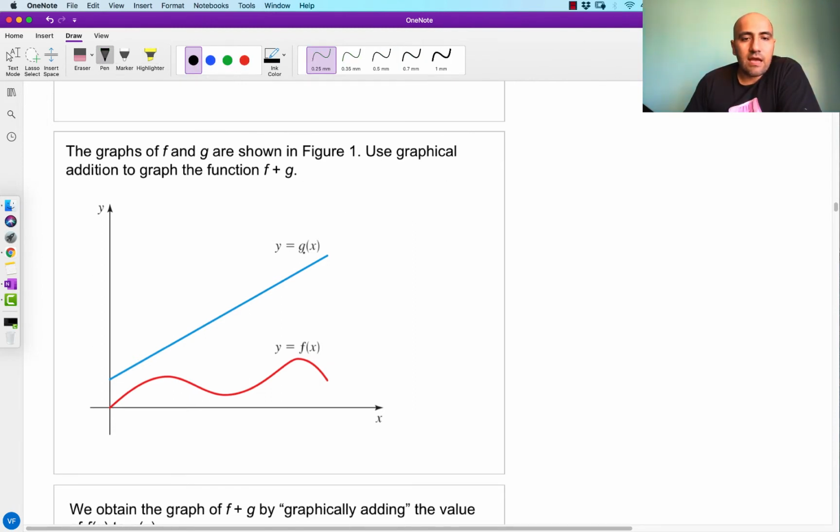This one is our g of x, this red one is our f of x, and we want to know what the graph of f plus g, this new function, would be, which is defined to be f of x plus g of x.